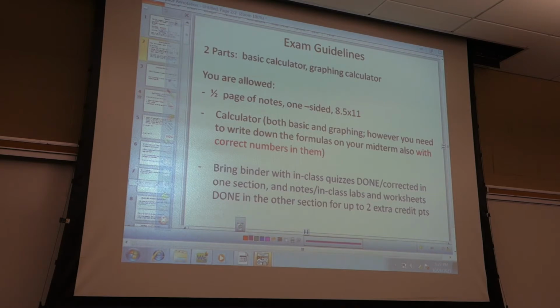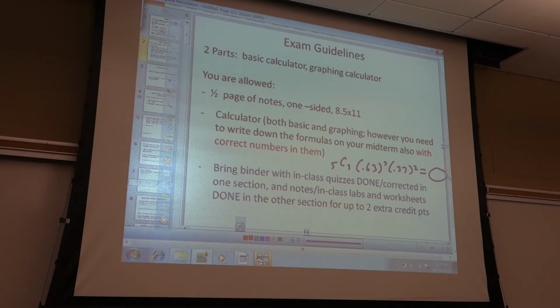Even though you can use a TI 83 or 84, I still need to know what numbers you use. For example, for binomials, some of you know how to do it in your calculator, but you still have to give me this: 5 choose 3 times 0.63 to the third times 0.37 to the second, and then whatever your answer is.